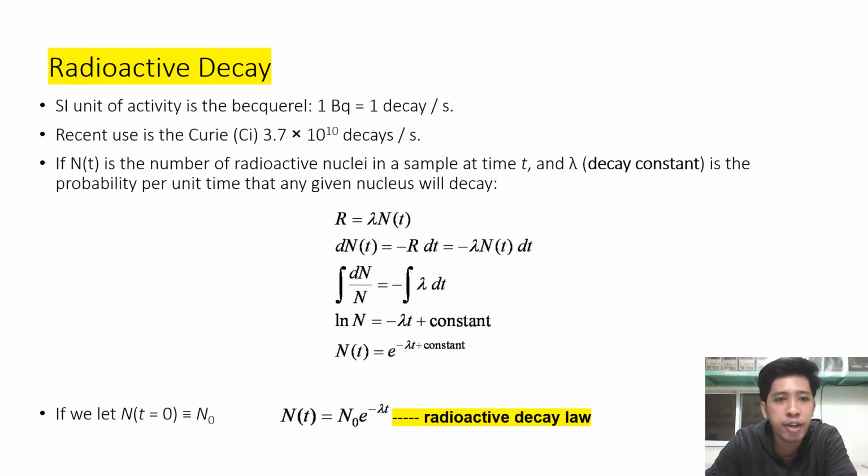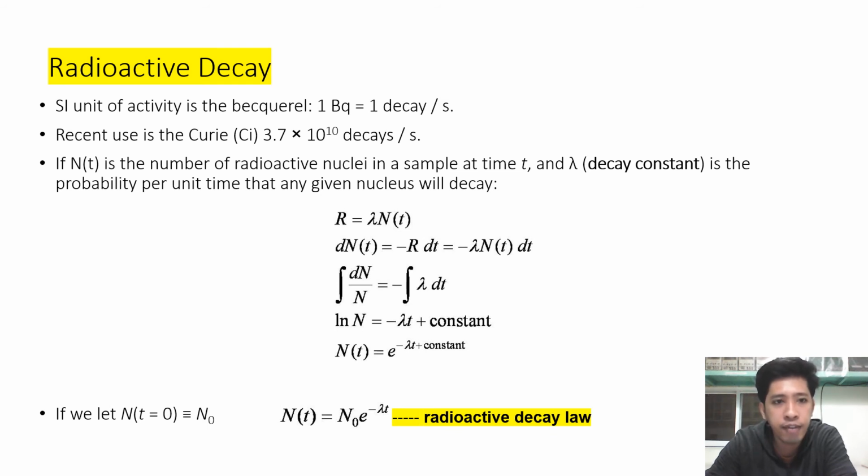The SI unit of activity is the becquerel. 1 becquerel is equal to 1 decay per second. Another unit recently used is the Curie, or Ci. 1 Curie is equal to 3.7 times 10 to the 10 decays per second.